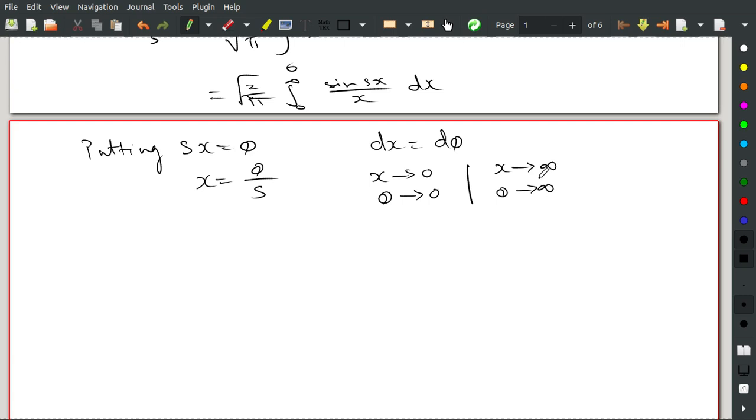Since s is a constant, there is no change in limit, so we can directly substitute this in the above equation. We have root 2 by pi, and our integral is from 0 to infinity, and our sine sx becomes sine theta, and our x equals theta by s, so I will take this s to the numerator, and our dx equals d theta by s.